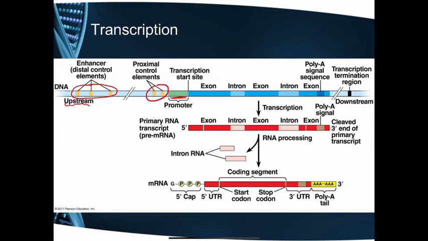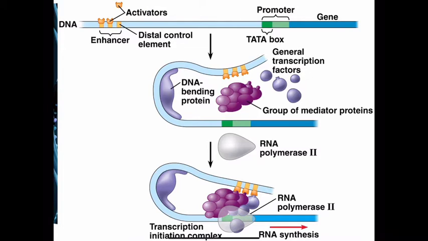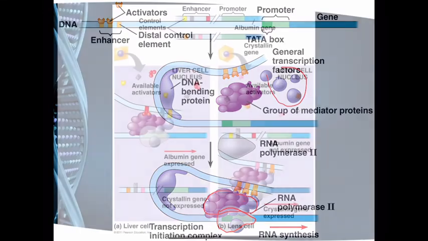And so when those are present, then these activators will bind, and that causes these transcription factors to be able to bind right here, okay? And that allows for polymerase to bind and start the initiation or the transcription process, okay?